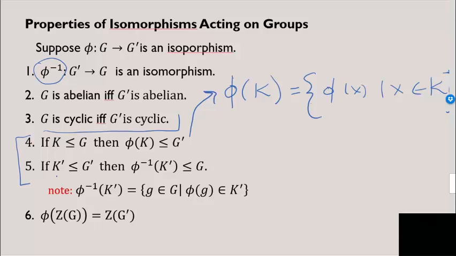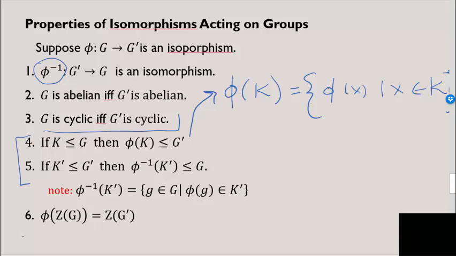Number 5, if K prime is a subgroup of G prime, then the inverse image of K prime is a subgroup of G. And I've given you the definition of what phi inverse of K prime would be. It's the set of all g in G that map into K prime. So we say it's the inverse image of K prime under phi.